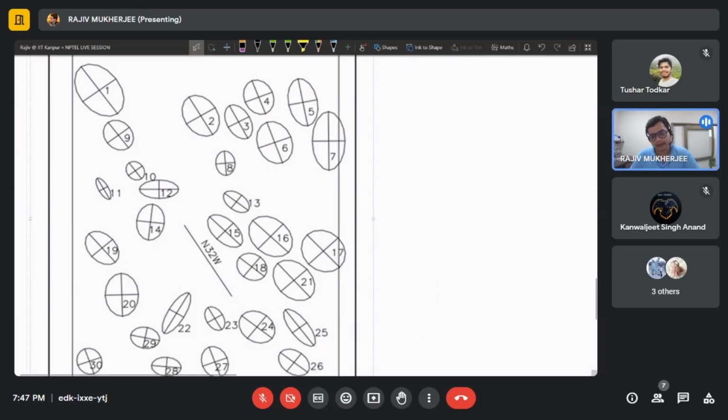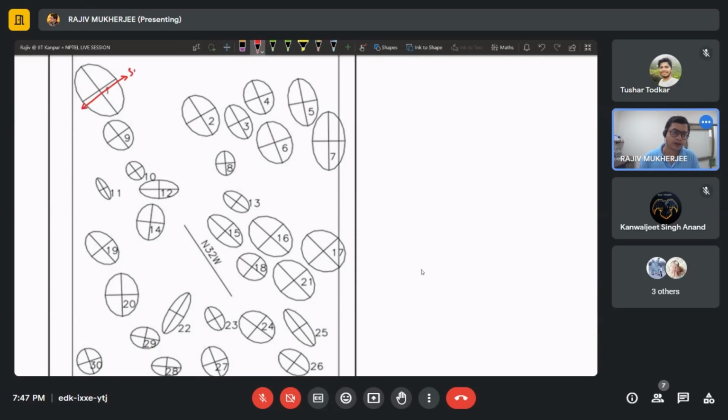So once we have these markings done, we measure the short axis length and the long axis length of each individual marker.